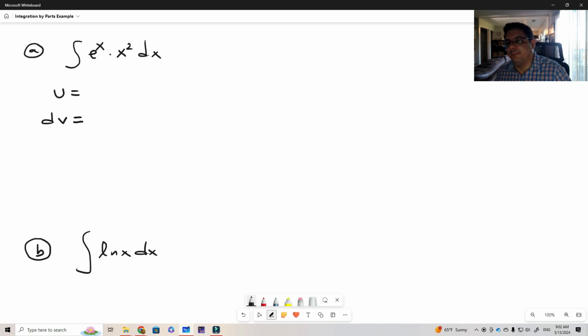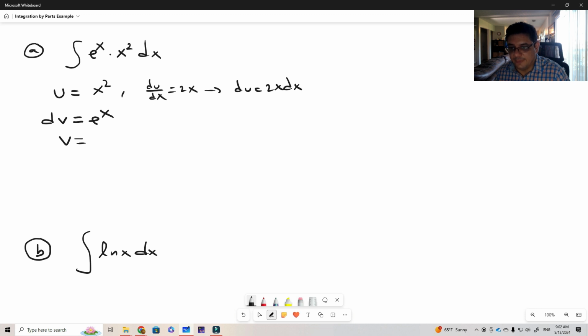So initially I'm going to pick u to be x squared, and see how that works. Immediately notice that du dx is going to be 2x, so du is 2x dx. dv is e to the x, and that's fine because immediately you can see that the integral of dv, the integral of e to the x dx, would be just e to the x as well, plus a constant, but we're not going to use the constant here.